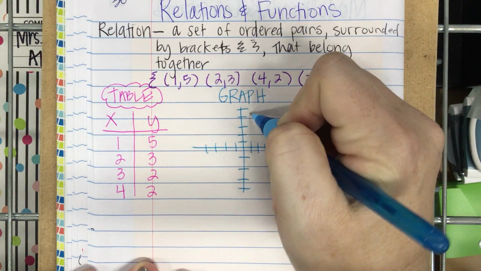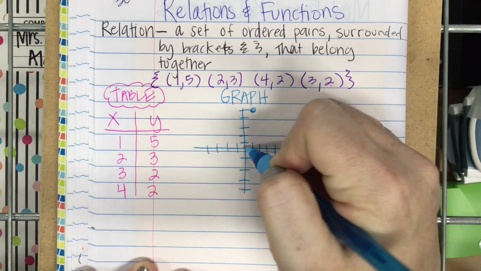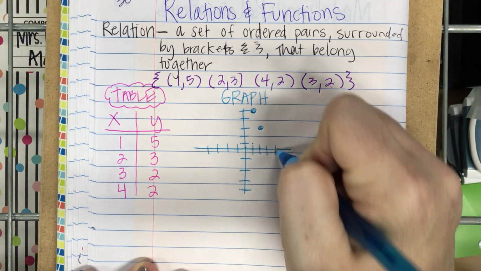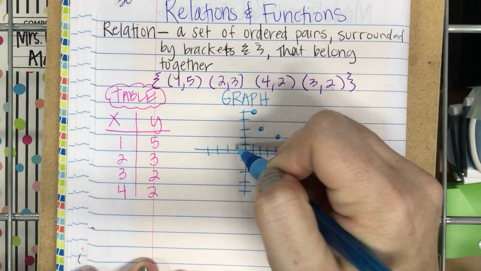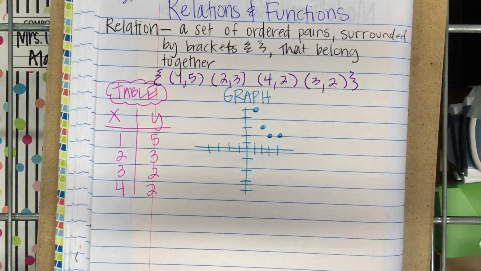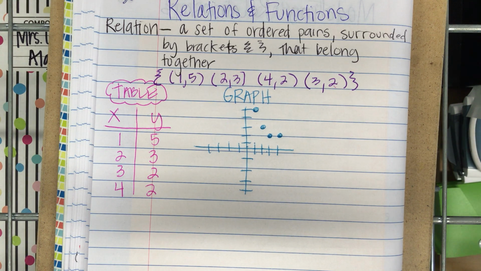Oh, (1, 5), (2, 3), (4, 2), (3, 2). Have you made graphs before? Perfect.